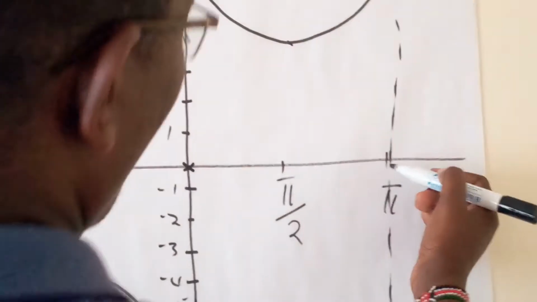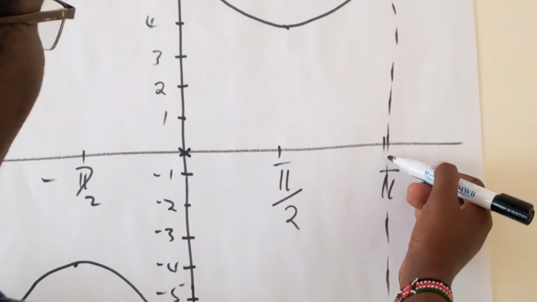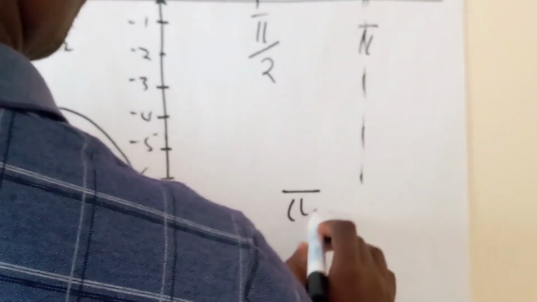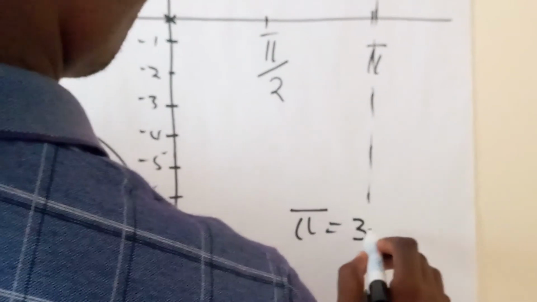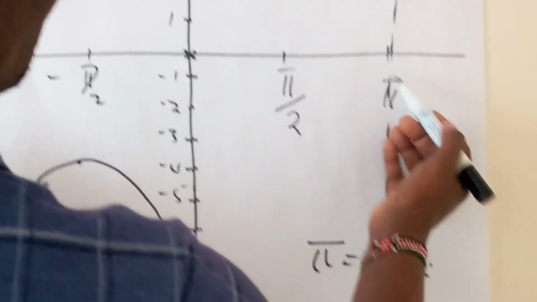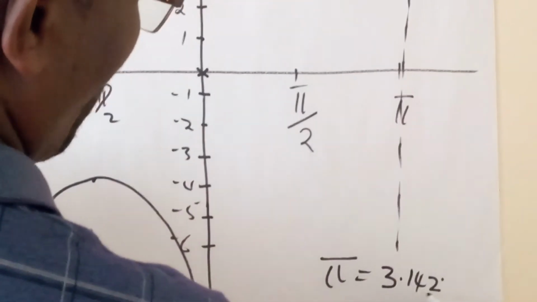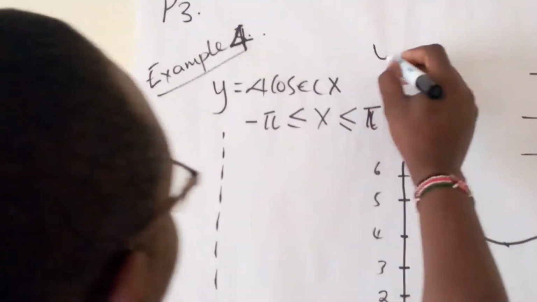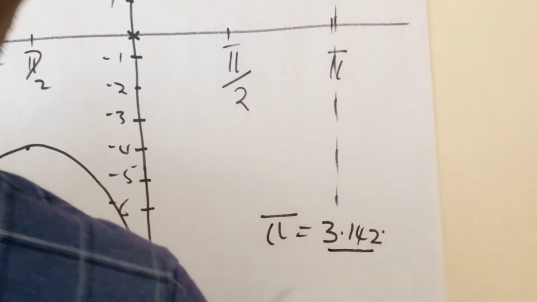But let us consider when x is equals to pi. Pi, if you evaluate the value of pi, is approximately 3.142. So when x is 3.142, in the equation y is equals to x, we should have the same value of y.